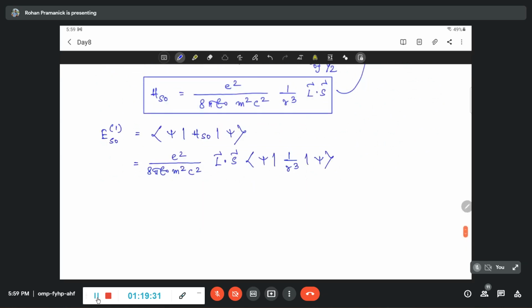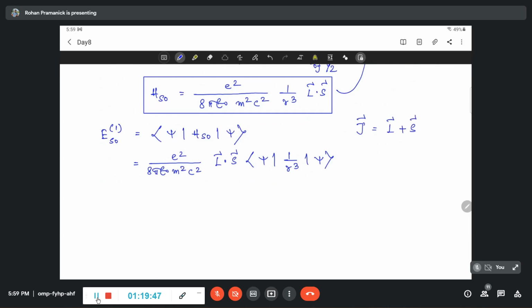And this L dot S, what you can do: there is an L vector and an S vector. This total angular momentum you call J, and you write it as J vector equals L vector plus S vector.